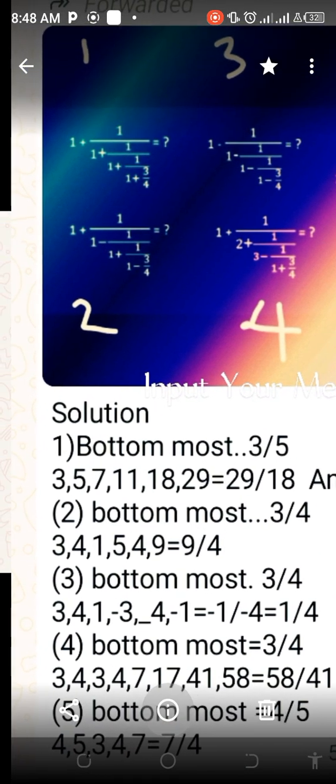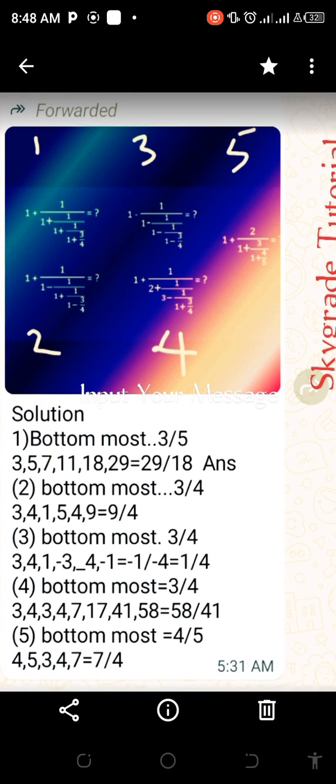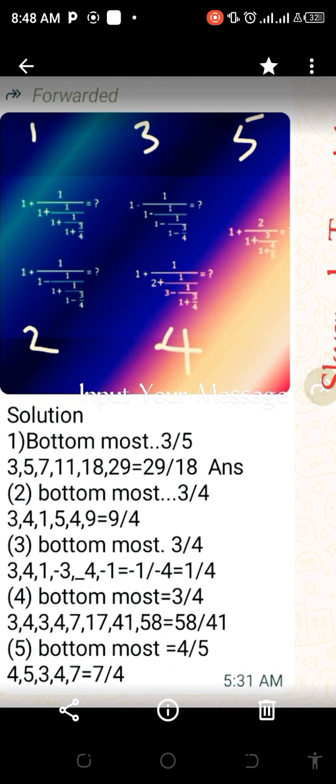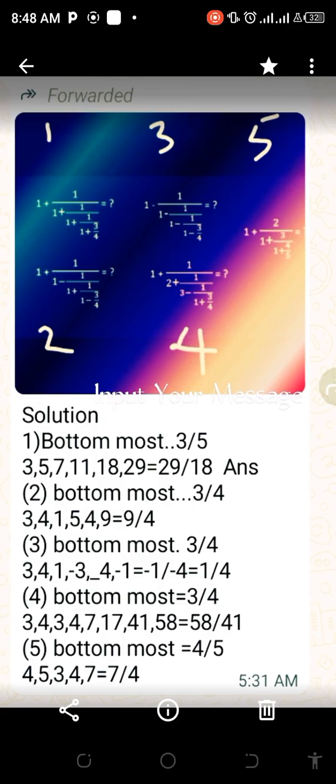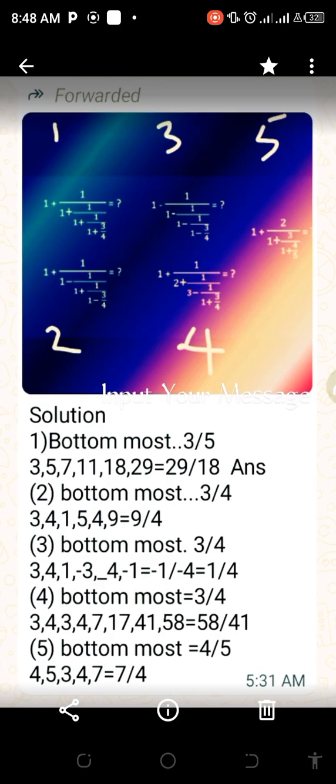Now, doing that, we have 3, we have 4, 5. The bottommost fraction is 4 over 5.